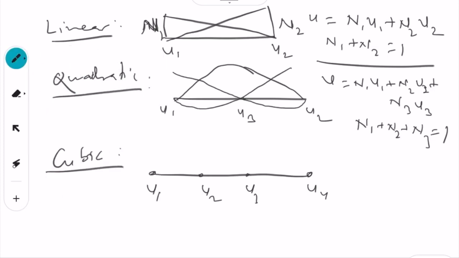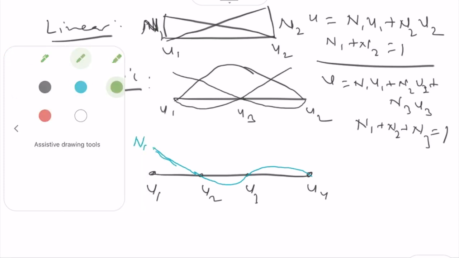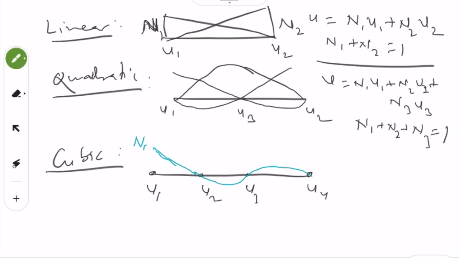The n1 will start at 1 here, has to go to 0, then 0 again, then 0, like this. This is n1. Now, n2 has to be 1 here, and it has to be 0 at other places. So, it will go like this, like this, like this.